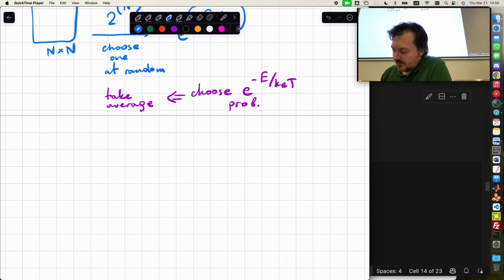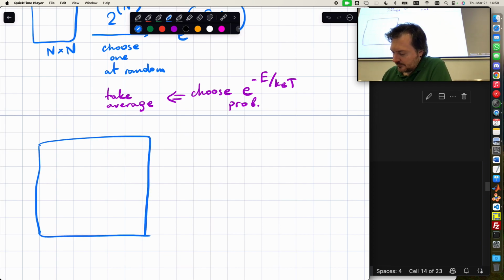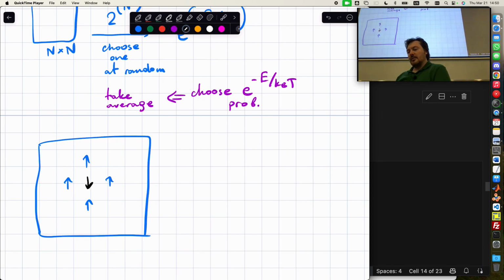So Metropolis tells you that take a spin state and then flip it. Let's say we flip this one. How much energy will be changed? What is the change in the energy if I flip it? It was like this, and I flip it. What is the change in the energy? Can you tell me?